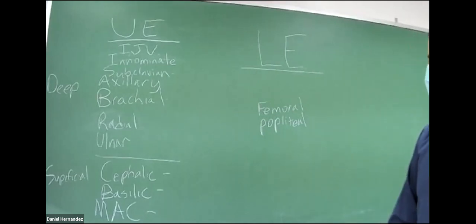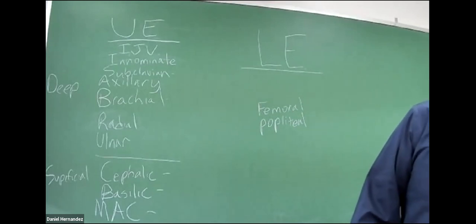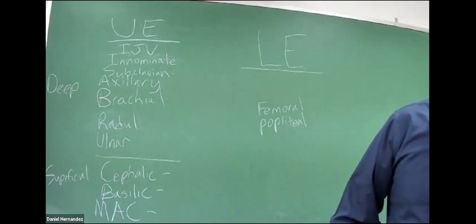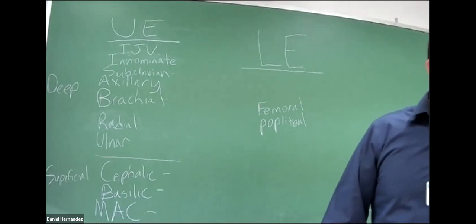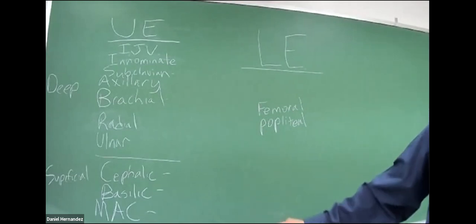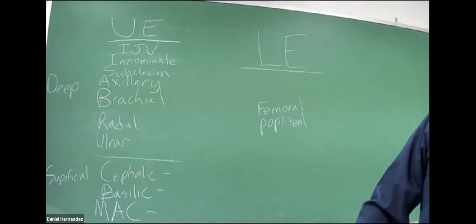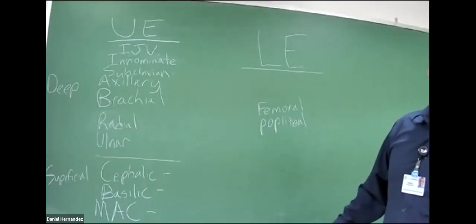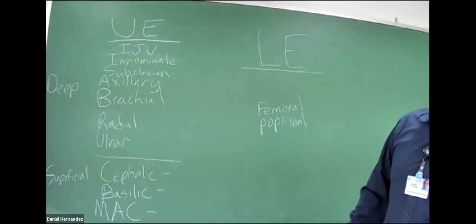Deep, good. Elena, you want to give us a vein for the leg? Great saphenous vein. So is that one deep or superficial? Superficial. Superficial, perfect, good.